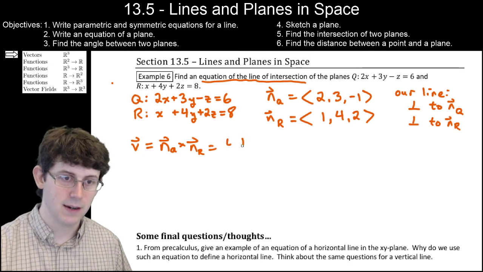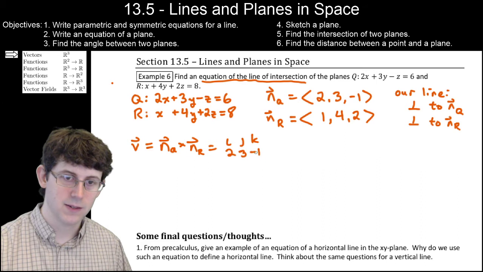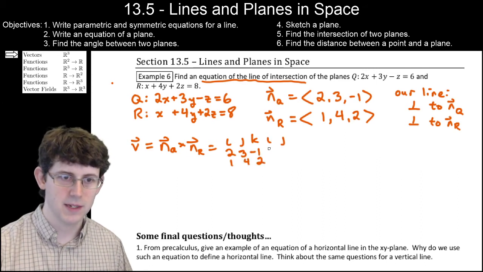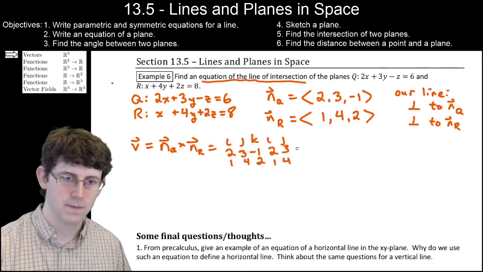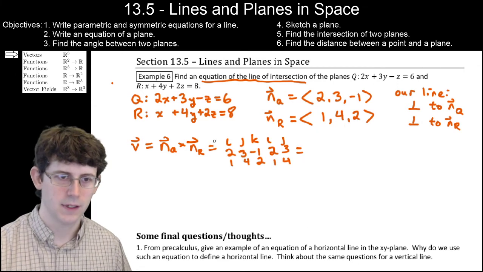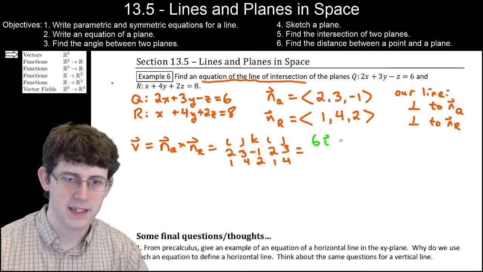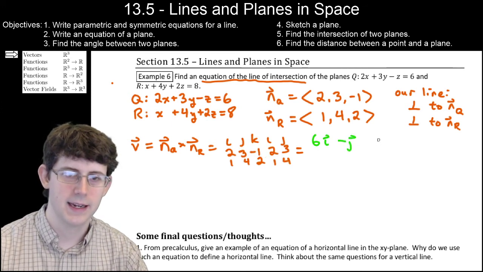So let's do it. i, j, k, 2, 3, minus 1, 1, 4, 2. I'm going to copy down the first two columns. The forward direction, I get 6i, minus j, and 8k.